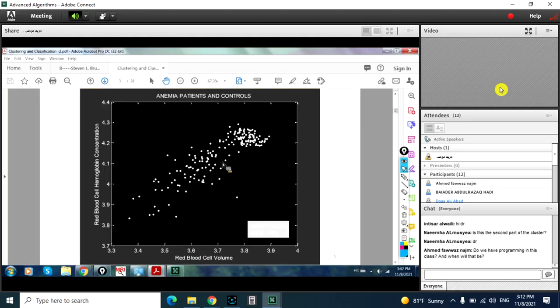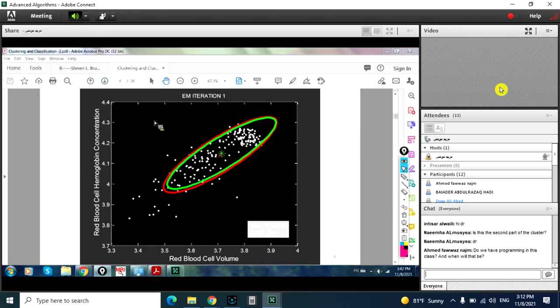Okay. At first, we guess two variances. You know the concept of mean and variance, and we explained it before in PCA. Then we have statistical data.